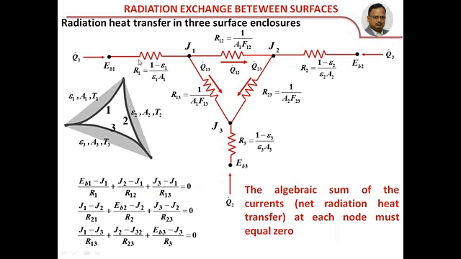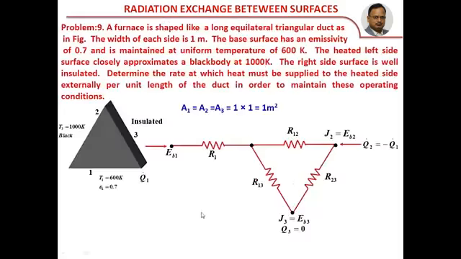So you have to formulate (EB1 minus J1) by R1, plus (J2 minus J1) by R12, plus (J3 minus J1) by R13, equal to 0. You understand? So like that, this network you have to solve, and you will get three equations. From these three equations you have to determine the values like J1, J2, J3, etc. The algebraic sum of the currents at each node must be equal to 0. That is the principle in writing these equations.